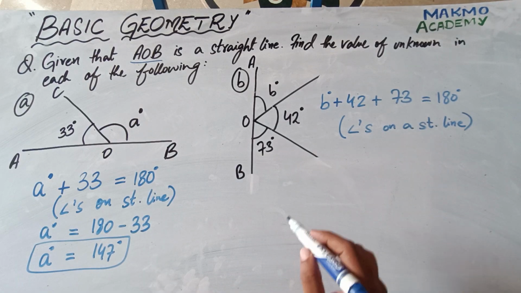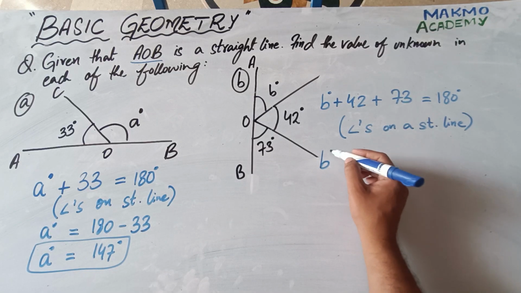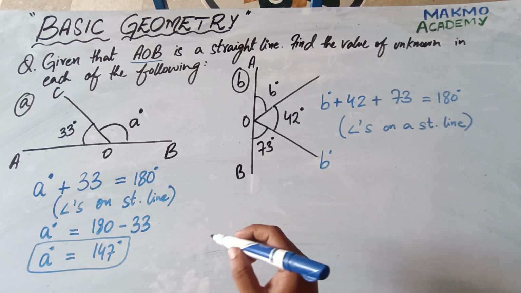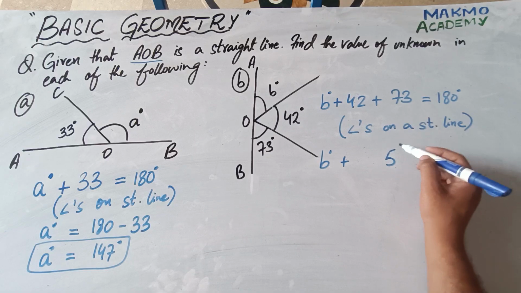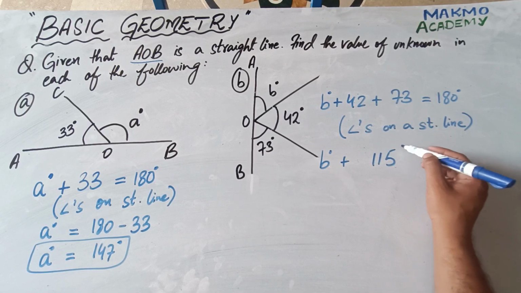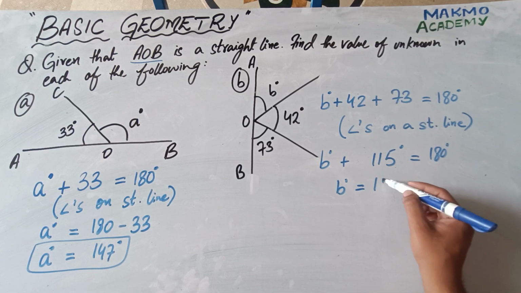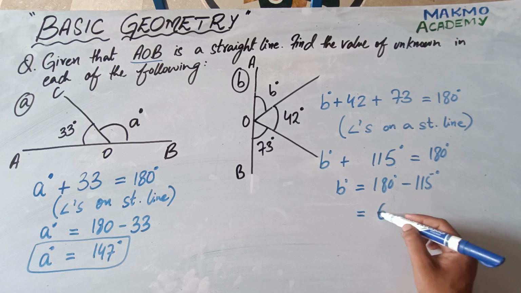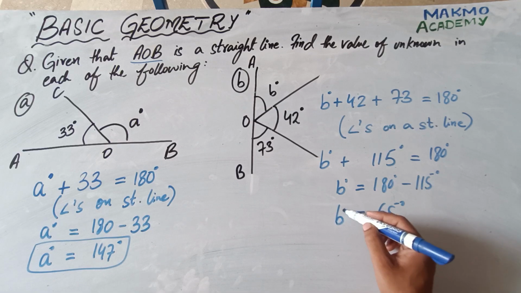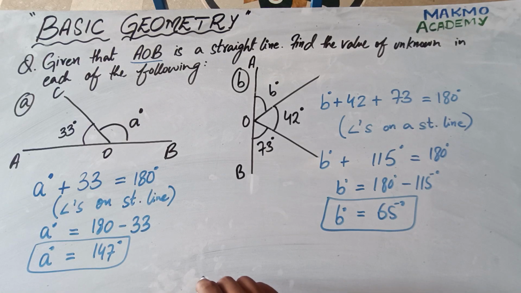This is very important because many of the time we use different properties of the angles, so we mention which property we are using. So 3 plus 2 is 5, 4 plus 7 is 11, so it's 105. Then 105 will be subtracted from 180, so this will give us the final result, that would be 65. So this is how easy it is to find out the value of unknown from the angles on a straight line.